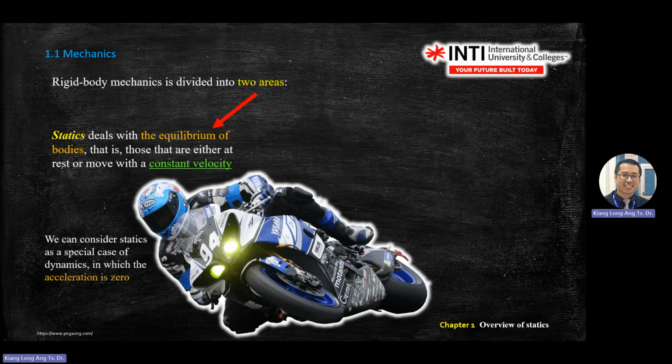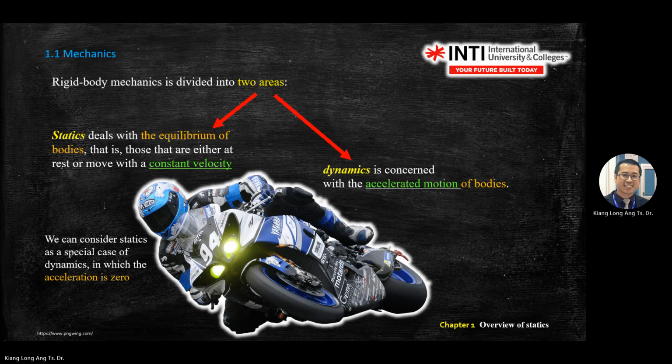Okay. So for rigid body, you have two areas. Now you take statics. Next semester, if you pass statics, you go to dynamics. So what is statics? Again, the keyword I highlight with the green color: statics always deals with constant velocity.